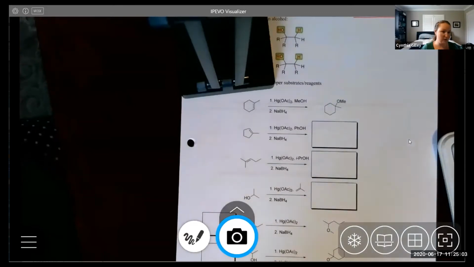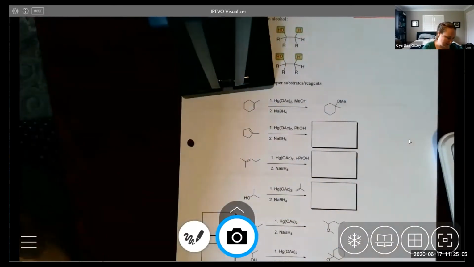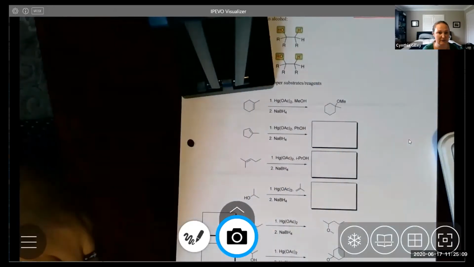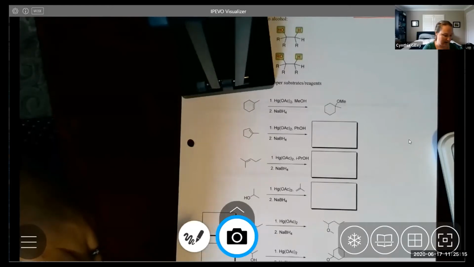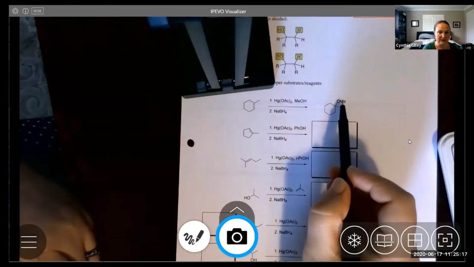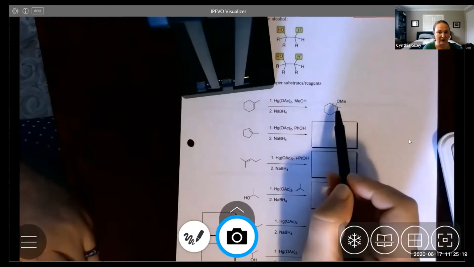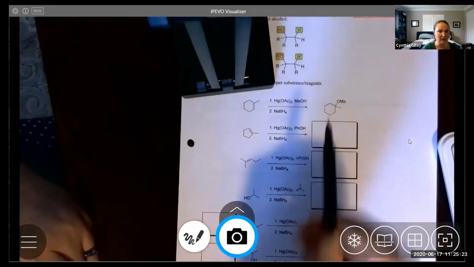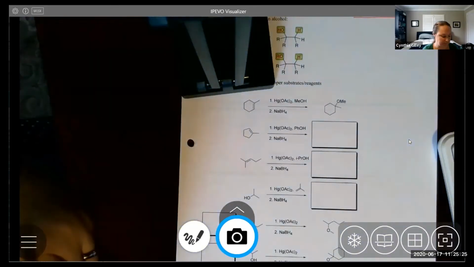Okay, so when we're looking at this, here we see it is an addition reaction of an alkene. And it's going to work similarly as if we were doing hydration, where we would get an OH group, right? But instead of that, we can get an ether, because instead of using water, we're going to use alcohol in the first step.